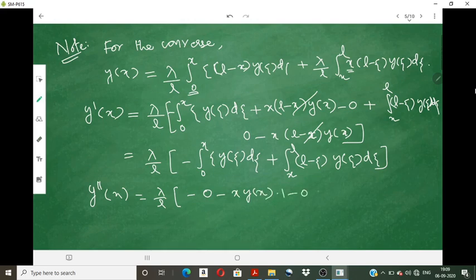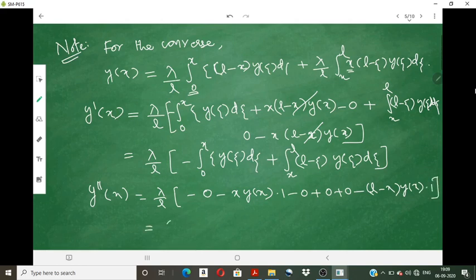Again, plus the term containing the integral is 0, plus giving the upper limit for theta, L minus L, that will be 0, then minus, replace theta by the lower limit, so it will be L minus x into y of x into 1.